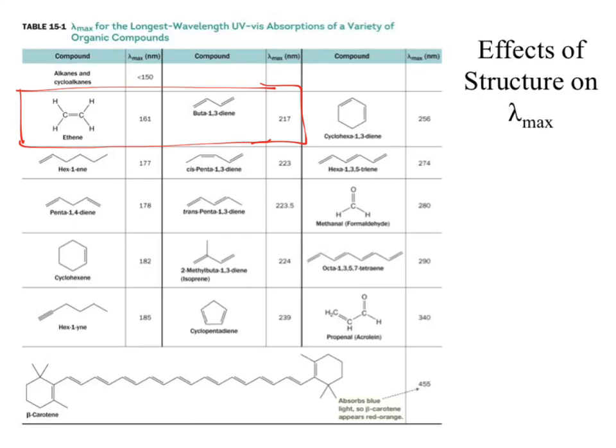What's going to determine that gap between our HOMO and our LUMO? It has to do with the conjugation of the pi bonds. In that first case where we only have one pi bond, our electrons can only exist right there in that intermediate space. If we move to the butadiene, we do have those pi bonds. But what makes those pi bonds different than in ethene?